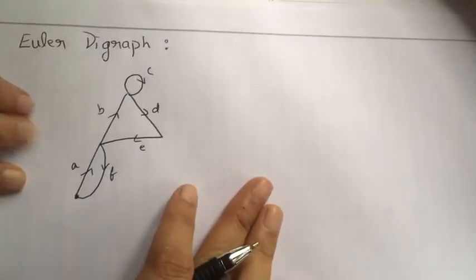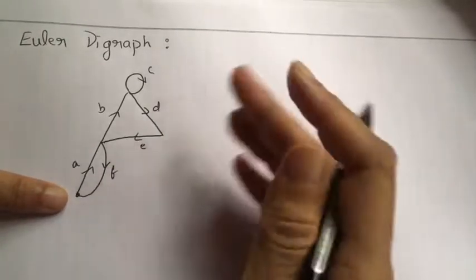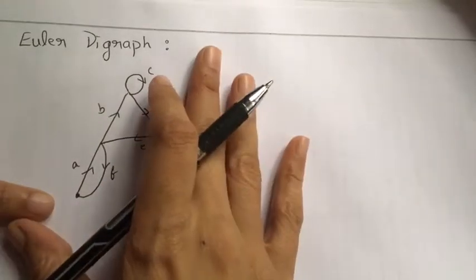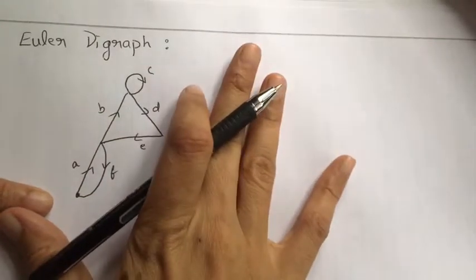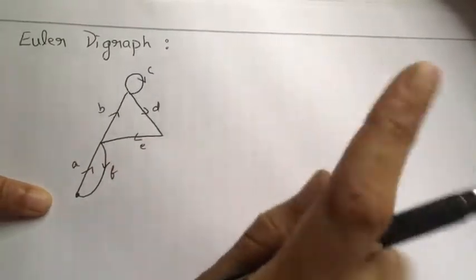This is an example of an Euler digraph. See, this digraph contains an Euler line. So when the graph is given, I have to check for the Euler line, a closed directed walk which traverses every edge exactly once.